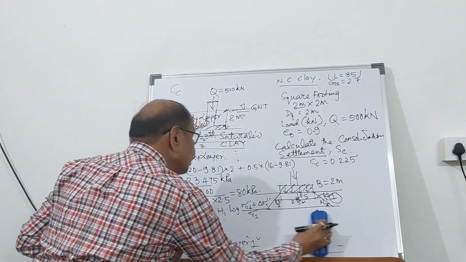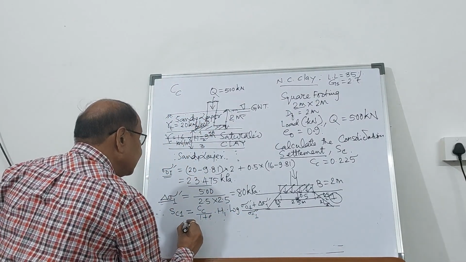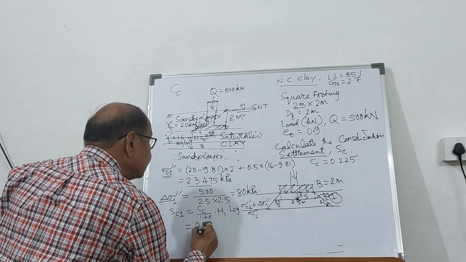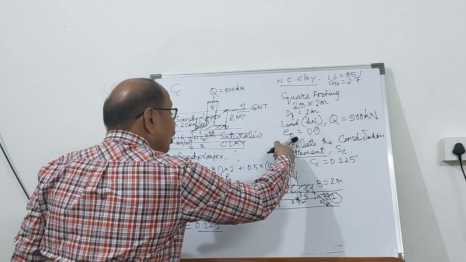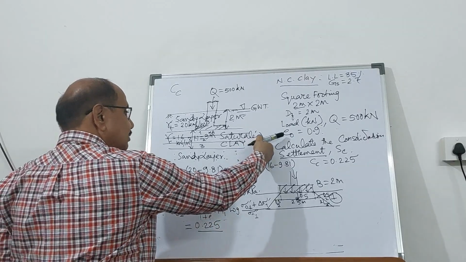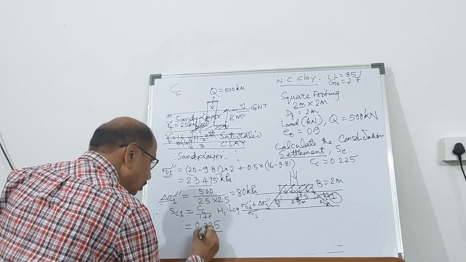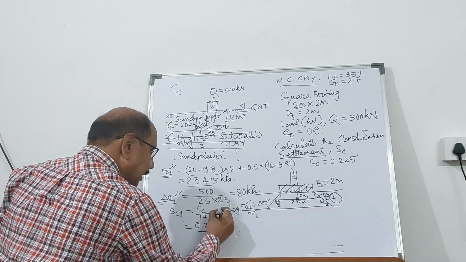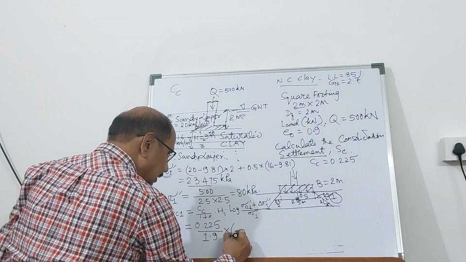If we substitute the values here, Cc is already computed as 0.225. The original void ratio has been computed as 0.9. So in the denominator, 1 plus e naught becomes 1.9. H1, the height of layer 1, is 1 meter.